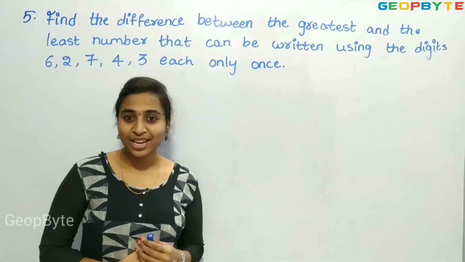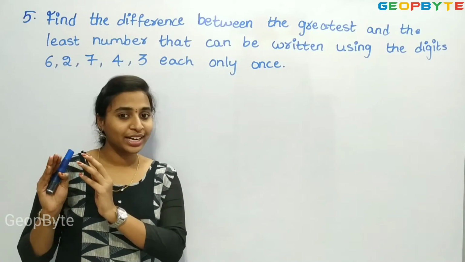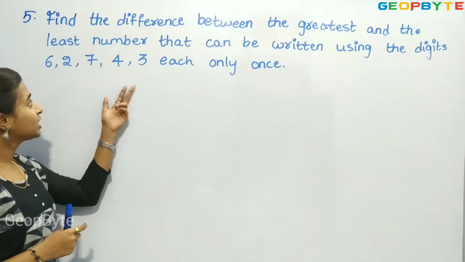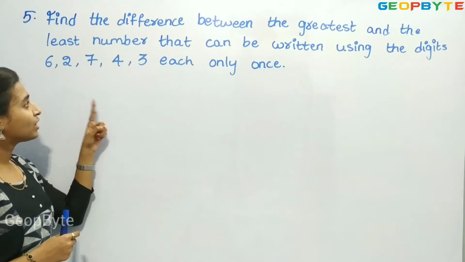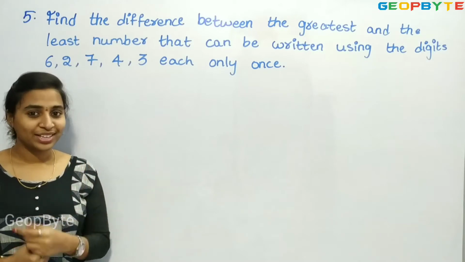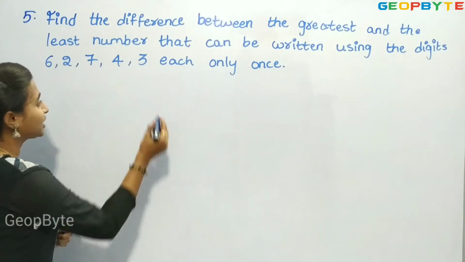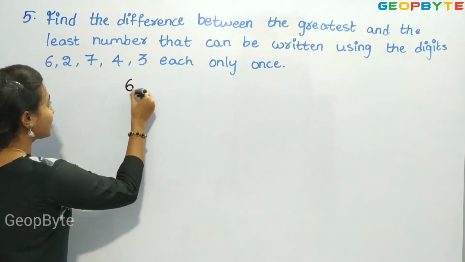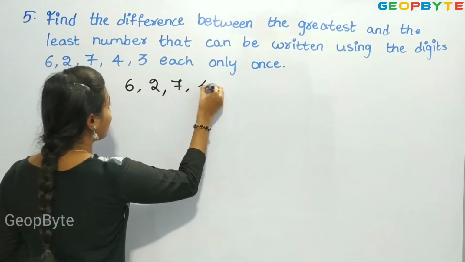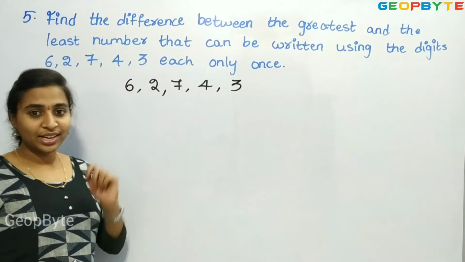We need to find the difference between the greatest and the least number that can be made from these digits, using each digit only once. First, let us write the digits 6, 2, 7, 4, 3. These are the digits which are given.